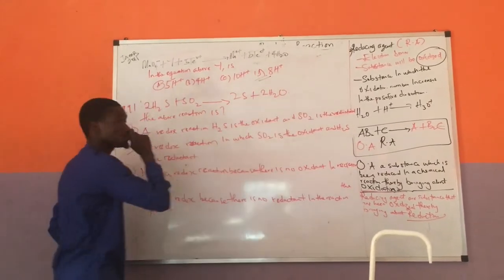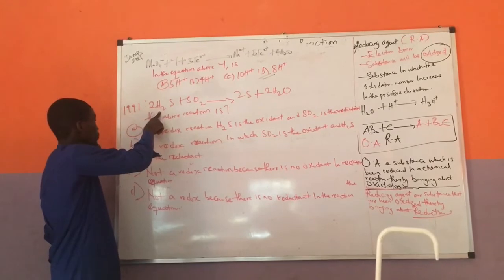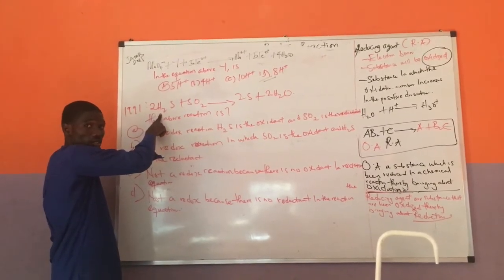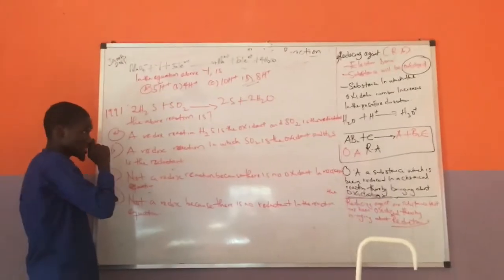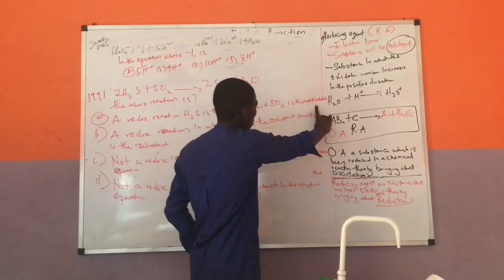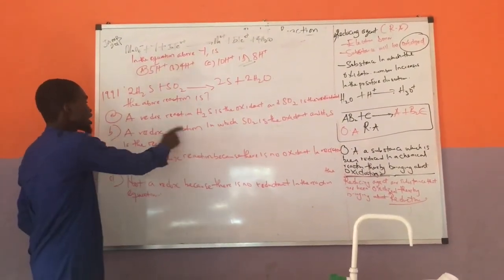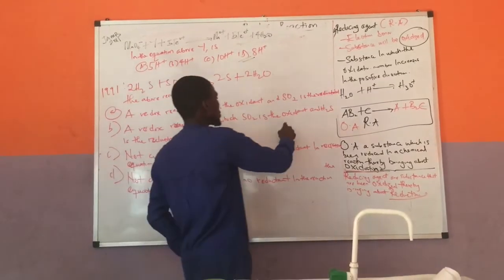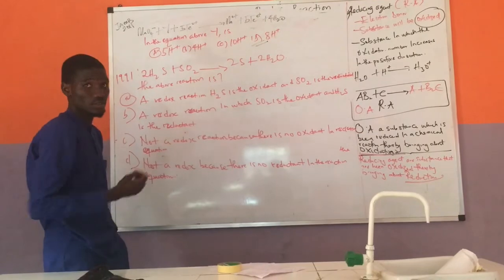But a redox reaction, hydrogen sulfide is the oxidant. So let's check now. If this is our reducing agent, and don't forget that your reducing agent will act as what? Oxidant. SO2 is what? Reductant. We are getting there now. A redox reaction in which SO2 is the oxidant and H2S is the reductant.